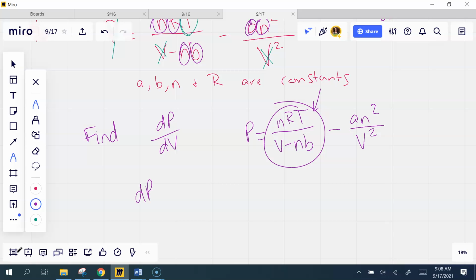All right, dP/dV. You might see that once we do this, we could have done it a little bit easier way, but that's okay. We're going to do it this way. Start with the first fraction. a and n are constants, so the derivative of the top with respect to V is 0. So I have 0 times the bottom minus the top times the derivative of the bottom.